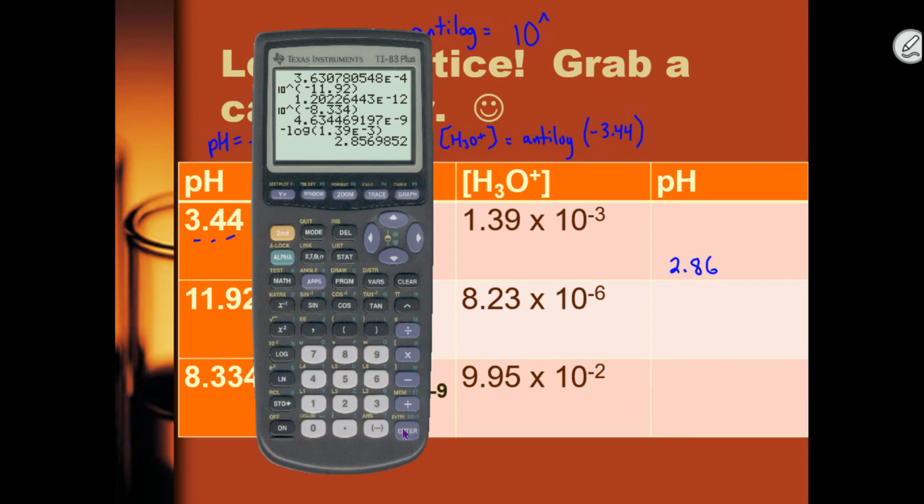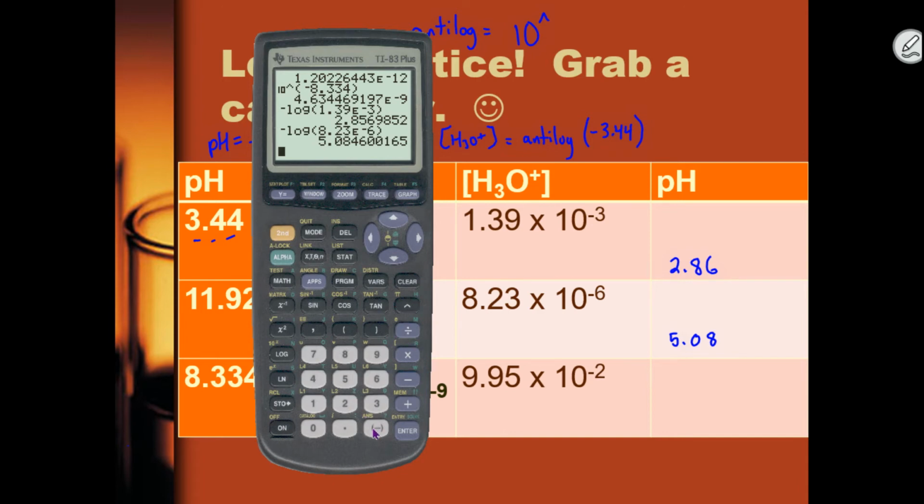2.86. Next one, negative log of 8.23, E, second comma, E, -6. And I'm going to round to 3 significant digits, 5.08.